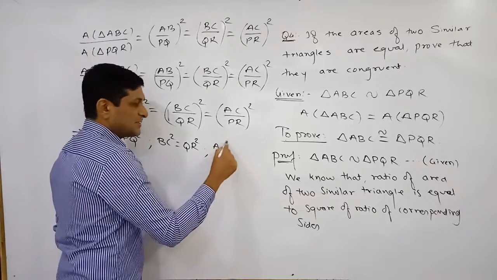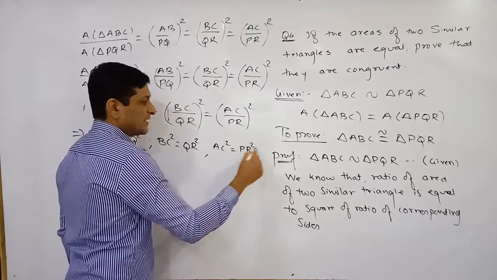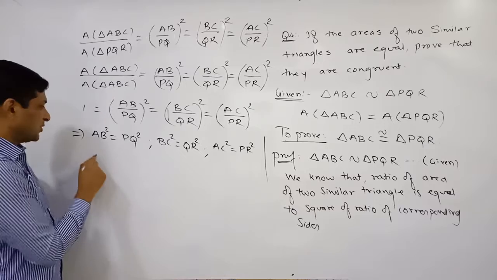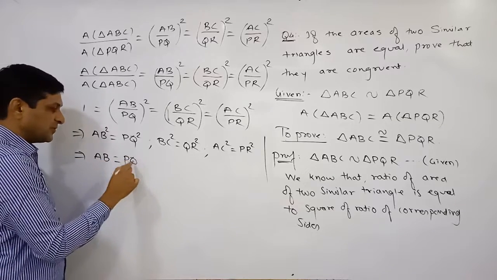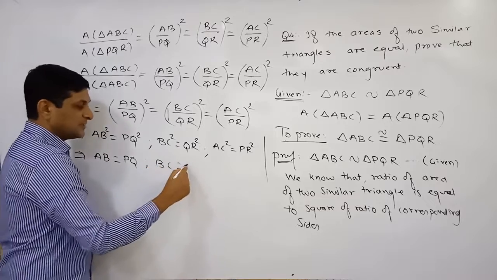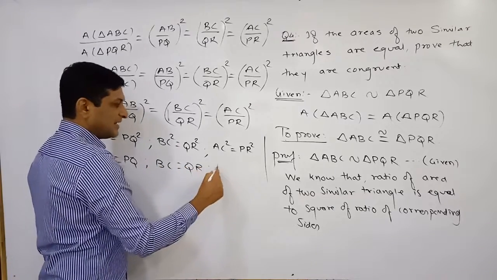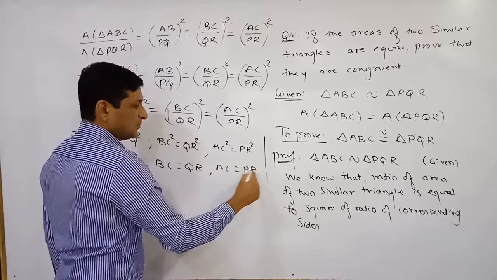And considering that these two terms are equal, AC square is equal to PR square. Now if we take the square root on both sides, we get AB equals PQ, BC equals QR, and AC equals PR.